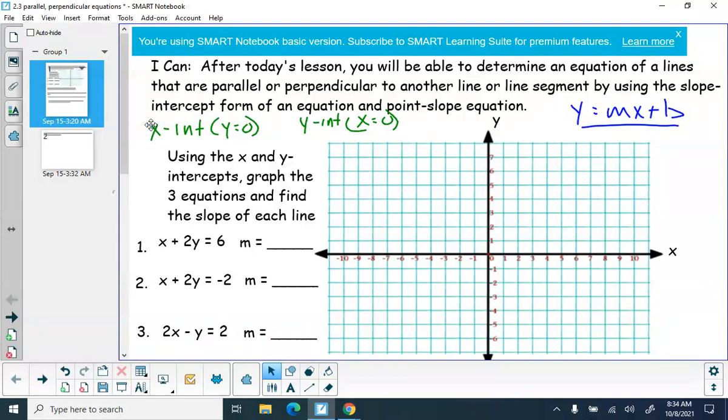Or you can look at 2 points. But I want you to use your x and y intercepts, because when you're in standard form, using x and y intercepts is usually a little bit easier to get a graph, because you can get 2 points on the axes and draw a line through them. Once again, please use a straight edge so you can have some accuracy with this. And feel free to confer with the person beside you or around you.